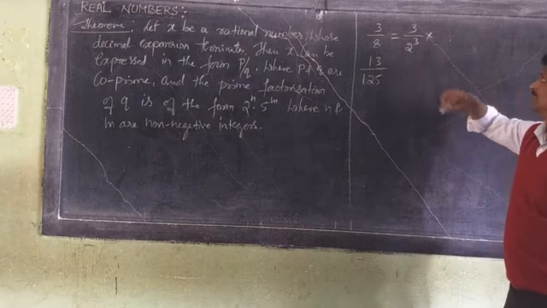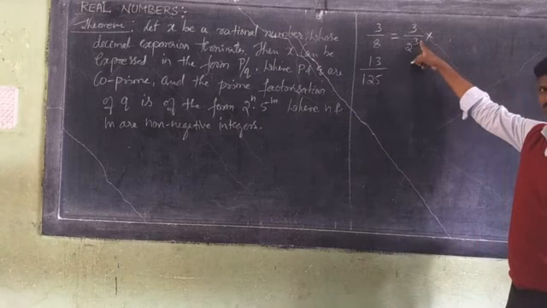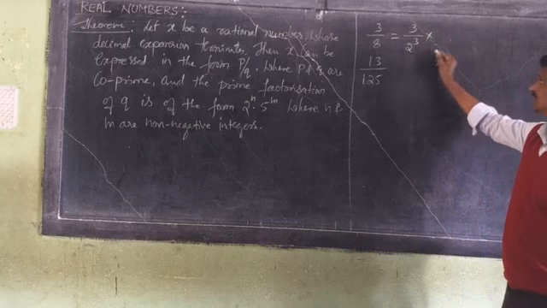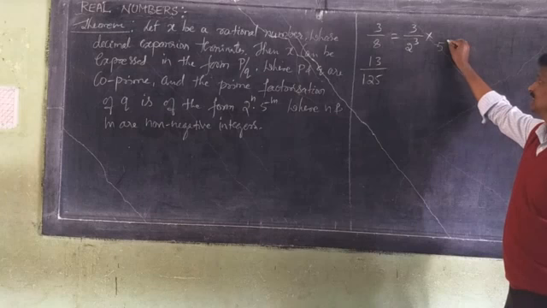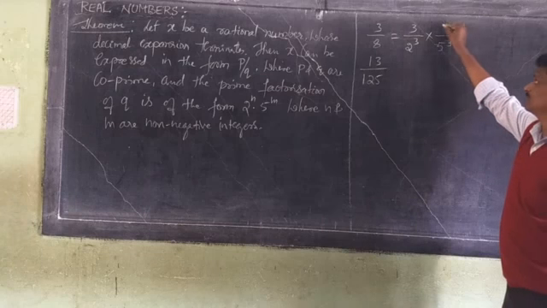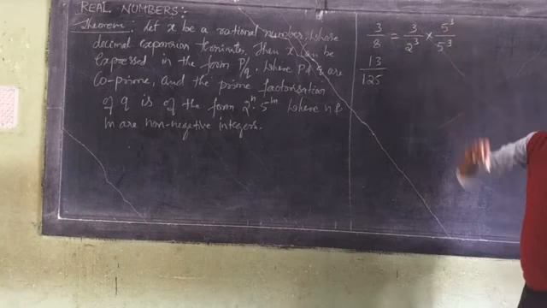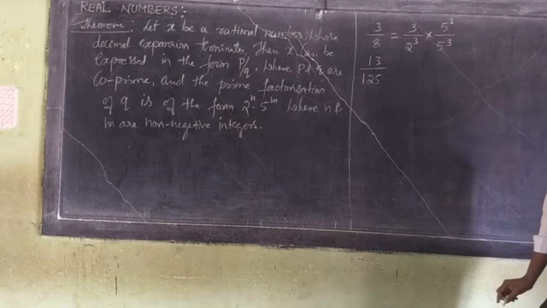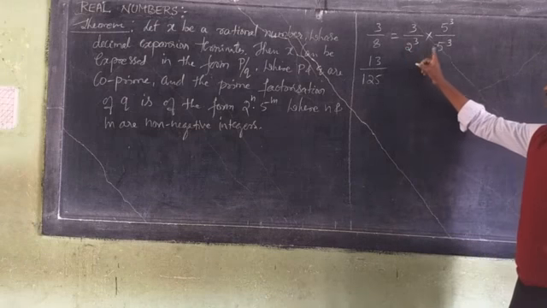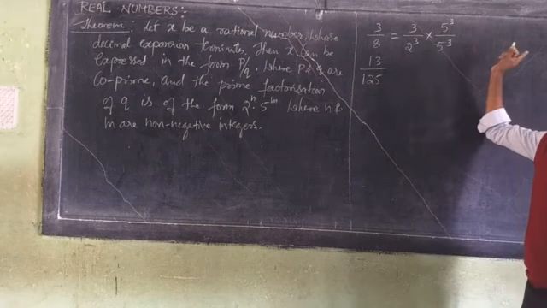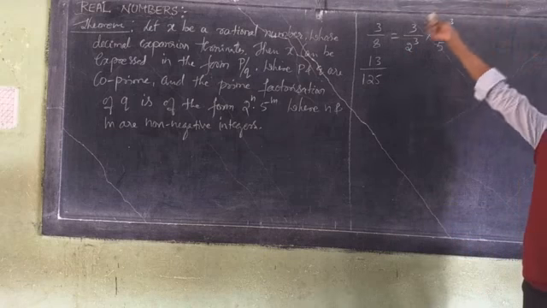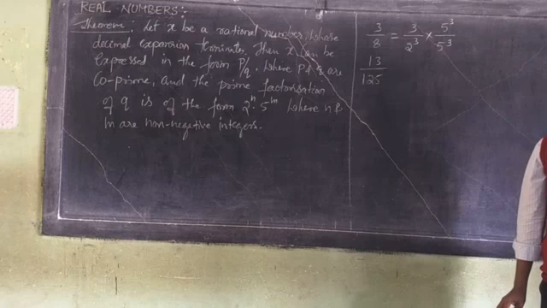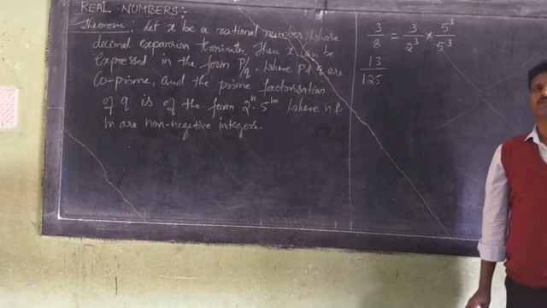We have 2 cube, and 2 into 5 is 10. Therefore we can multiply both numerator and denominator by 5 cube, because 2 into 5 becomes 10. Then the denominator is in the power of 10.